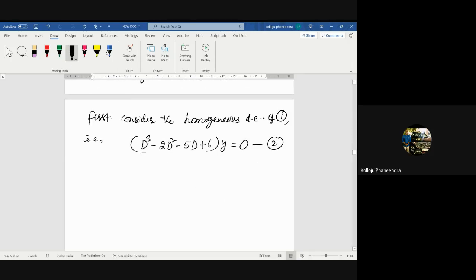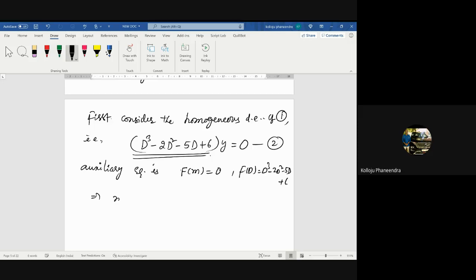You know how to solve this one. The auxiliary equation or characteristic equation is what? F of m equal to 0. F of d is this one. Here f of d equal to what? d cube minus 2d square minus 5d plus 6.